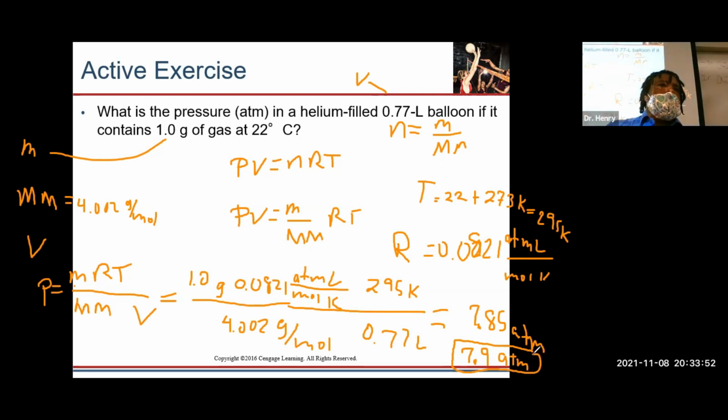The R is a constant, the gas constant. It's usually going to be given to you, or if you look on your sheet, you actually have R written down.